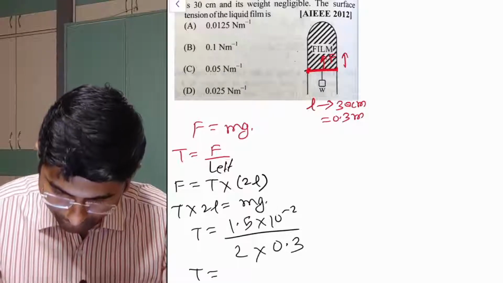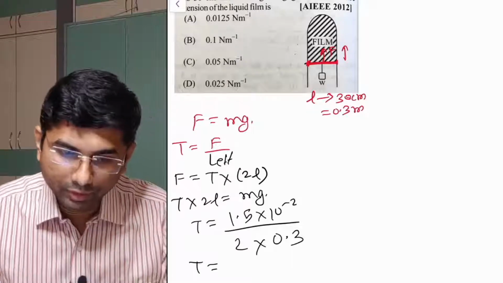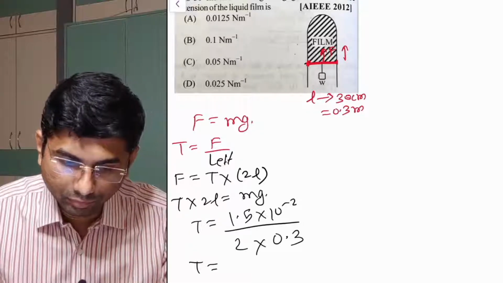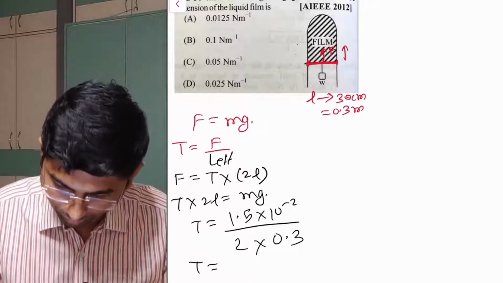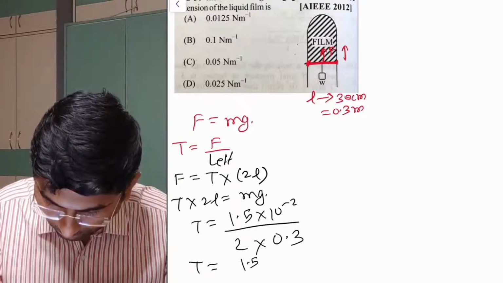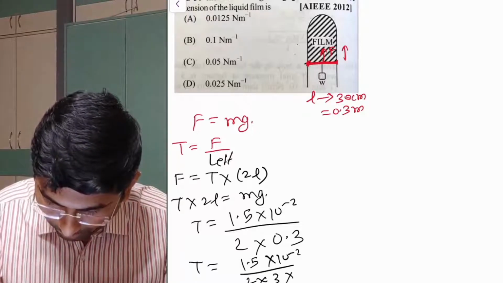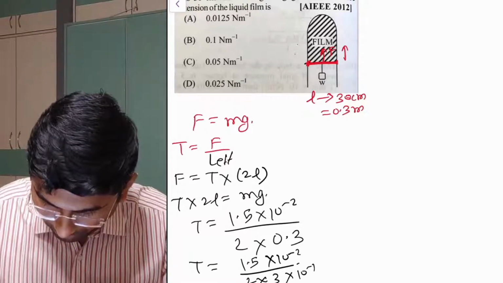Okay, therefore T is equal to, we'll just try to write it down. 1.5 into 10 to the power minus 2 upon 2 into 3 into 10 to the power minus 1.